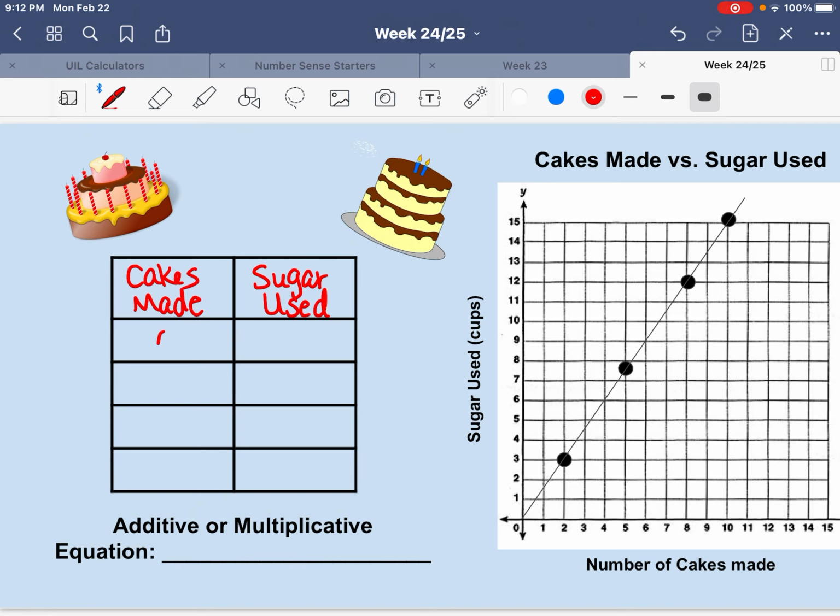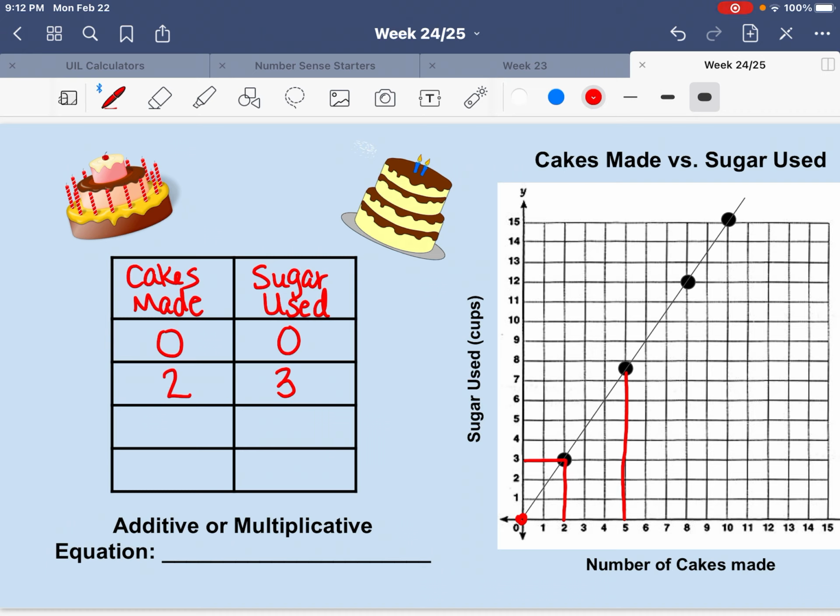And I already told you that if you make 0 cakes, you will use 0 sugar. That's how we know what type of relationship this is. And we'll just go by the points that are on the graph. If you make 2 cakes, it takes 3 cups of sugar. If you make 5 cakes, how many cups of sugar would that be? A little less than 8, right?